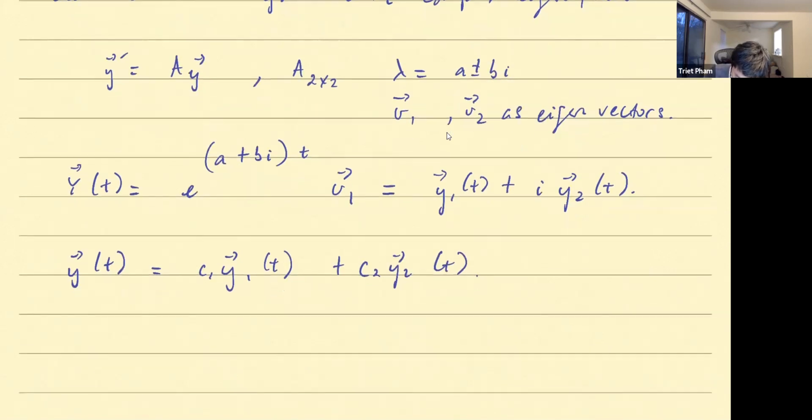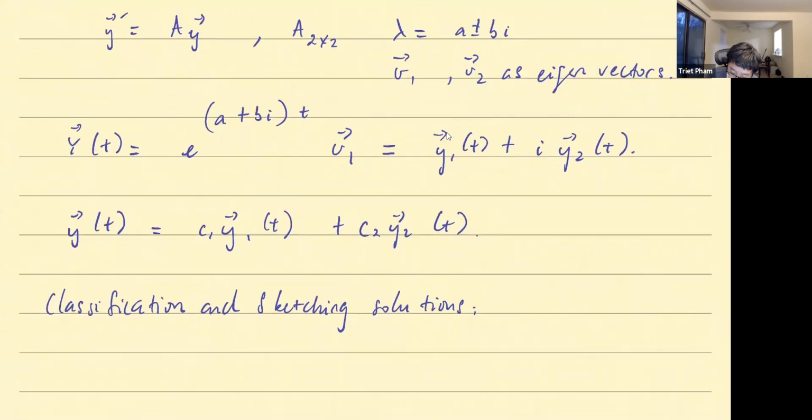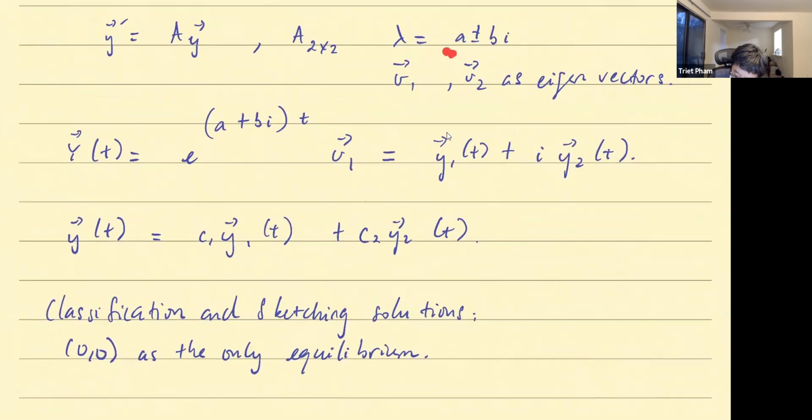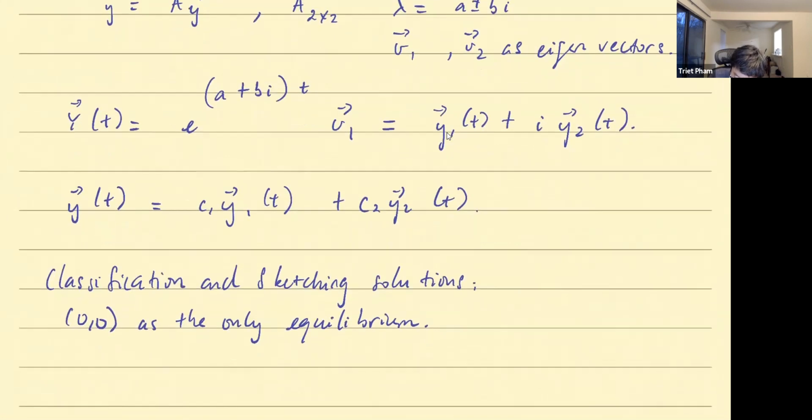Now, in terms of classification and sketching solutions, we still have the origin (0, 0) as the only equilibrium. We have three cases, and the value of a decides them.